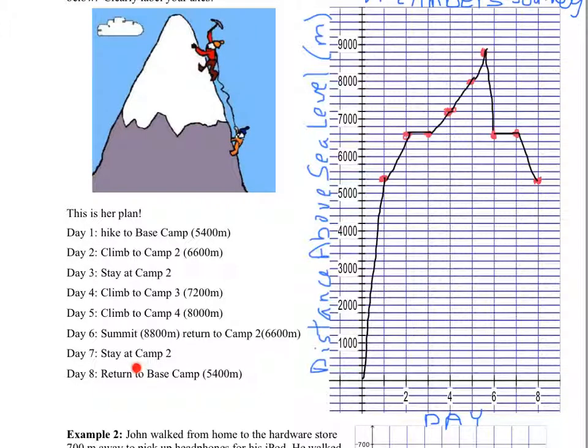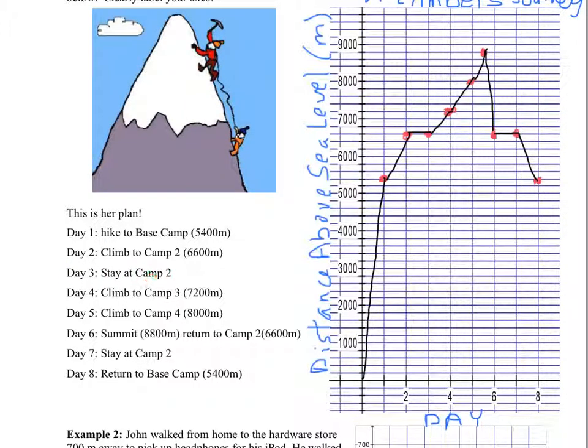They've got to stop and take some rest, but we've got straight lines between the information we're given on each day when we label it. So day one, we've got them hiking to the base camp, which is the 5,400 meters. And then moving on to camp 2 at 6,600, so we've got that straight line.